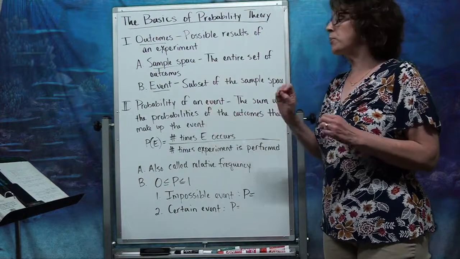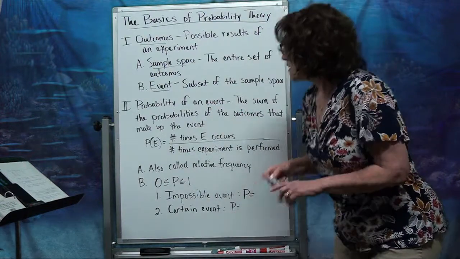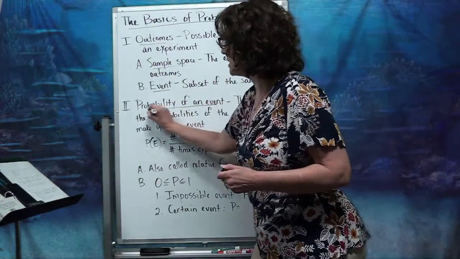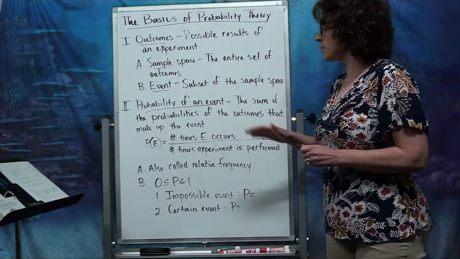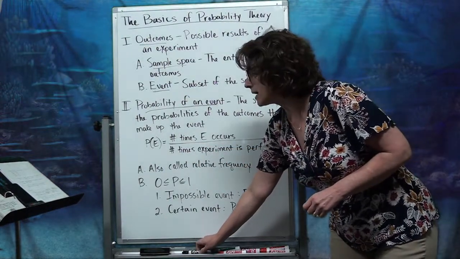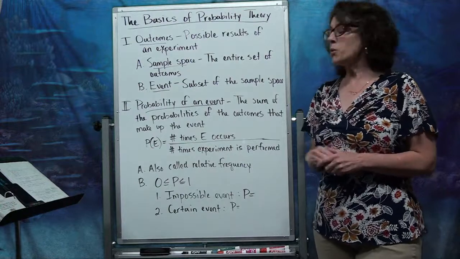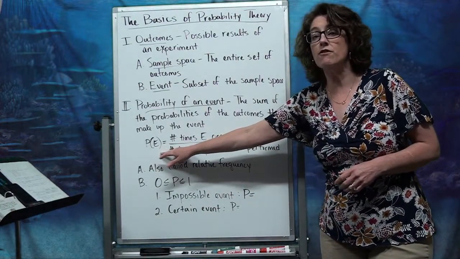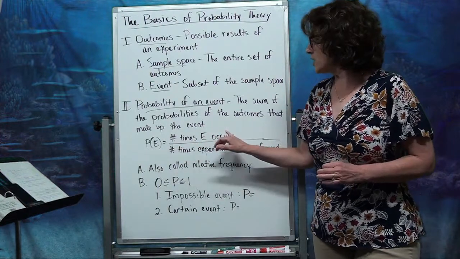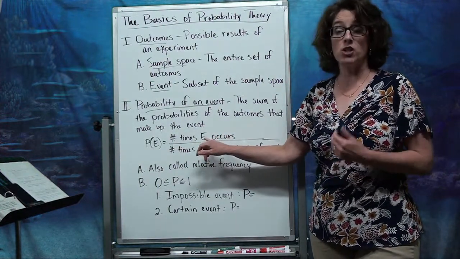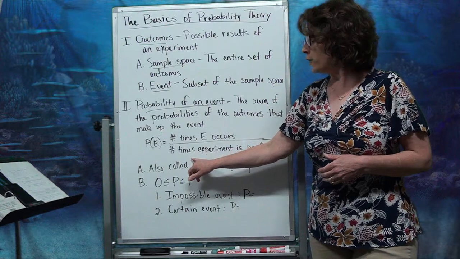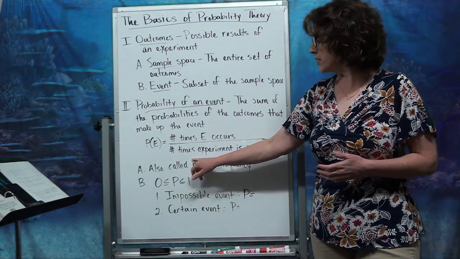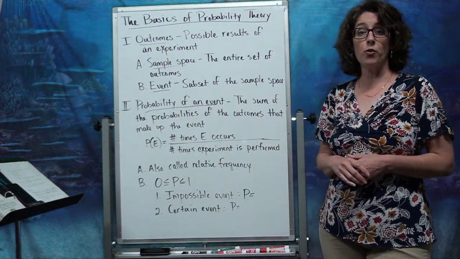So let's talk about the probability of an event. The definition of the probability of an event is the sum of the probabilities of the outcomes that make up the event. In other words, let's take a look at this formula here. It says that the probability that an event happens is the number of times that the event does happen over, or divided by, the number of times that the experiment is performed.